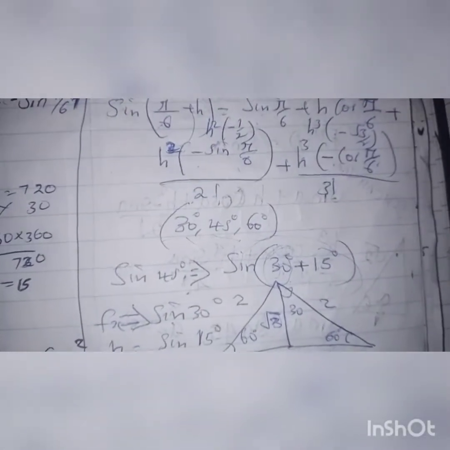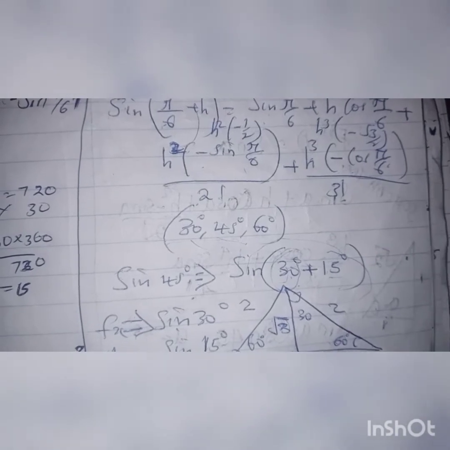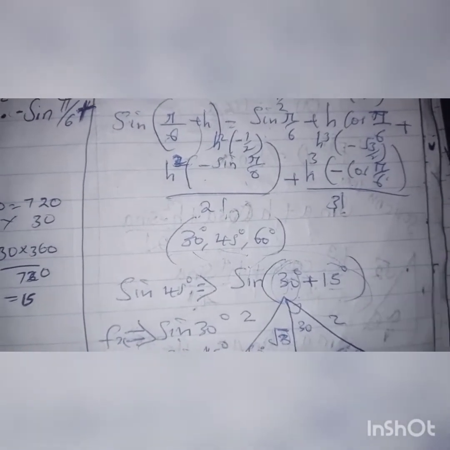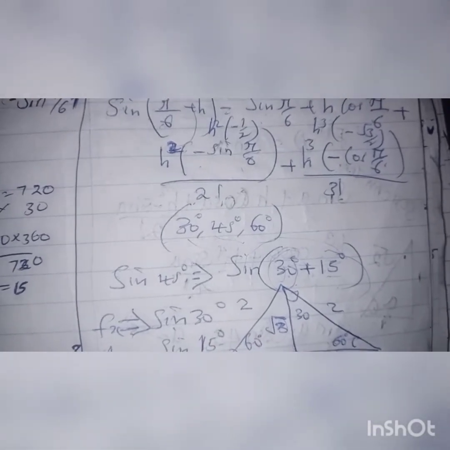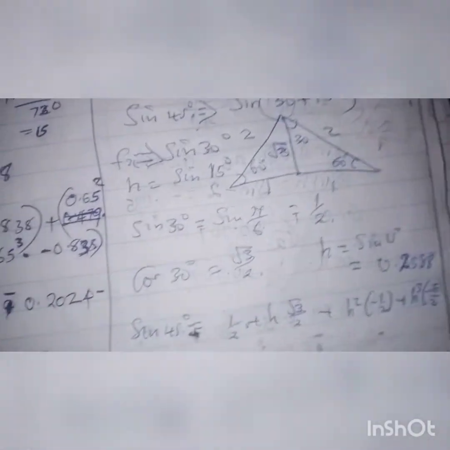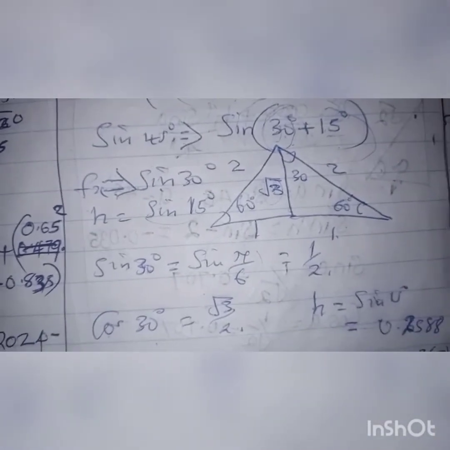Let's substitute them here. It will be a half plus h root 3 over 2 plus h squared into minus a half plus h cubed into minus root 3 over 2. Can't you see now it has become simpler. So let's substitute the value of h.